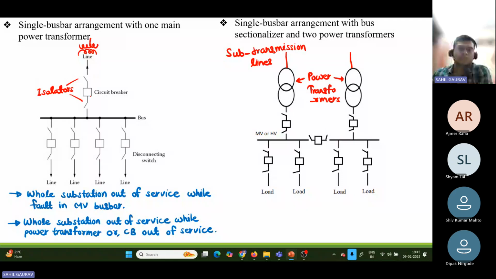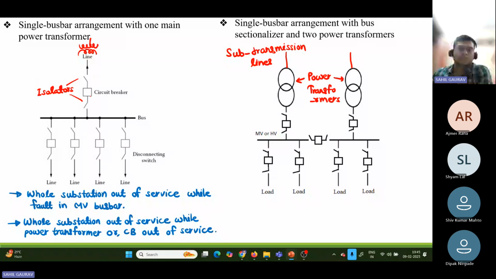So in the first arrangement, the whole substation goes out of service in case of a fault in the main bus bar. Also when the power transformer or circuit breaker goes out of service, then the whole substation goes out of service, meaning there is no power supply from the substation.